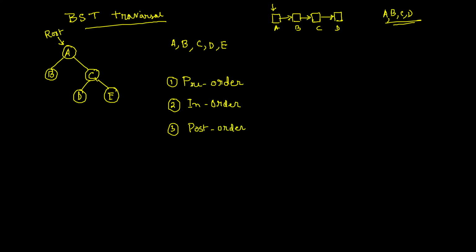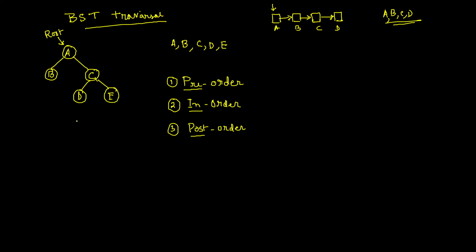Now see here, these words pre, in and post are actually relative words. Pre means before something, post means after something, in means between something. So between which one, after which one, or before which one? Let's see this.